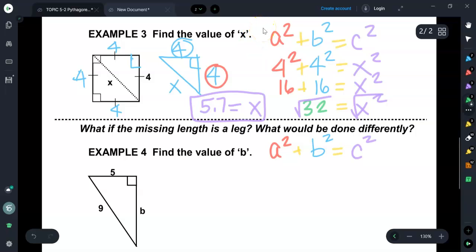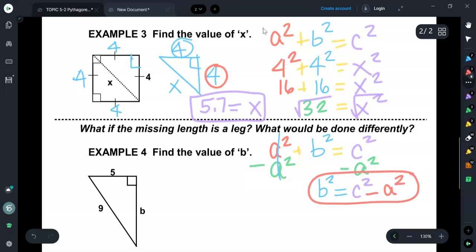To get b all by itself, I move everything around it, and I'm going to shove this a squared over here. These cancel, and that leaves me with b squared equals c squared minus a squared. This is the version of the Pythagorean theorem that you will use when you are missing a leg.